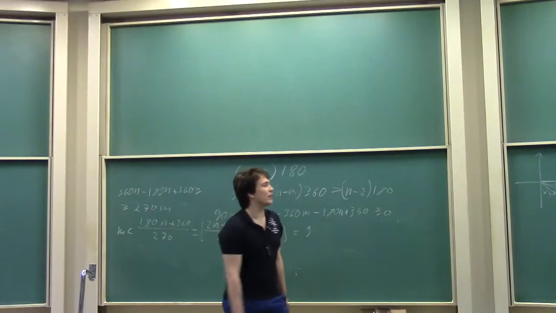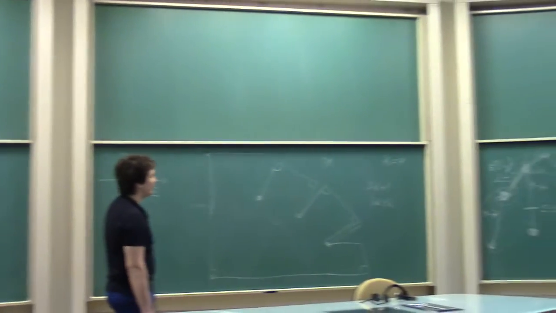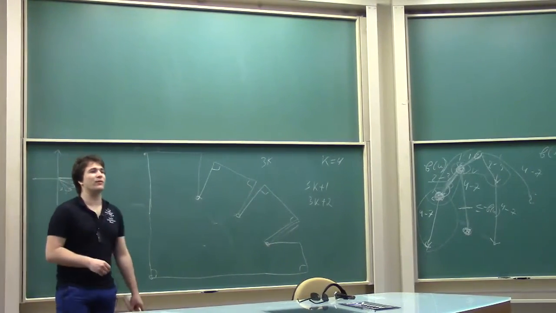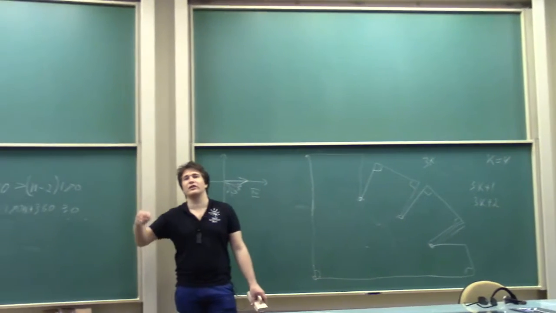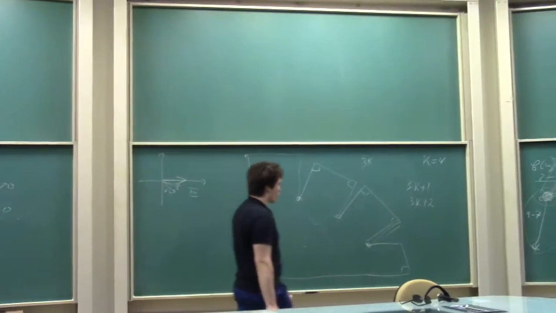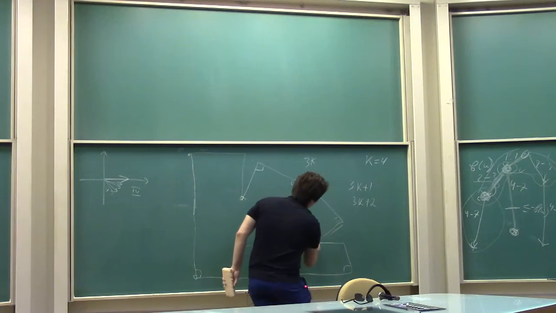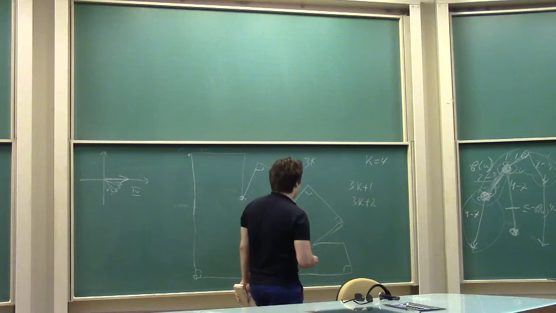But if the number has the form 3k plus 2, things get worse. Because then I need to have plus 1, I have an additional angle equal to 90. So I need to add just 2 nodes and one more angle, one more angle with 90.